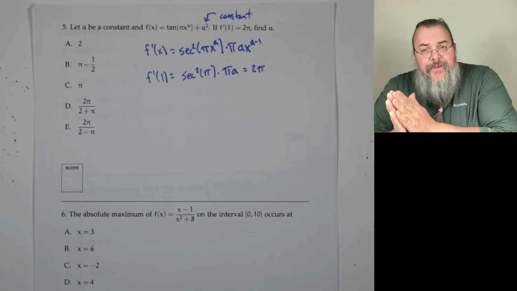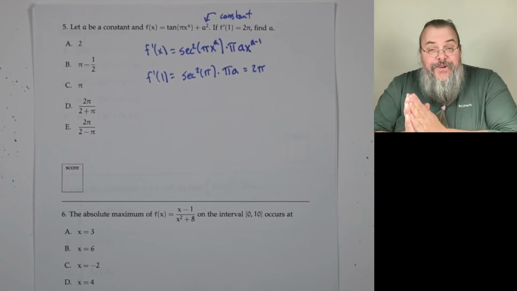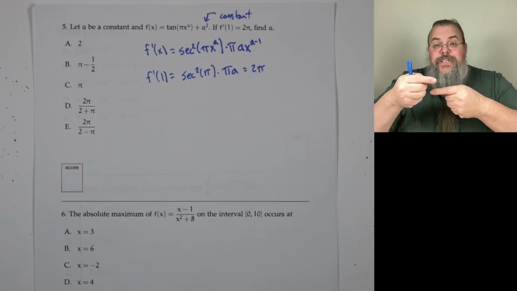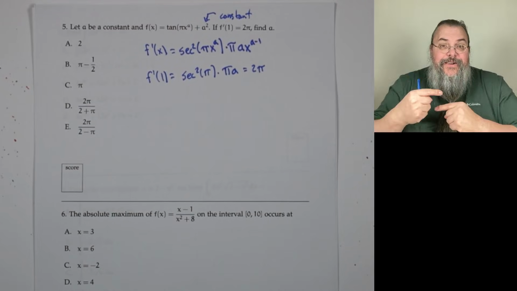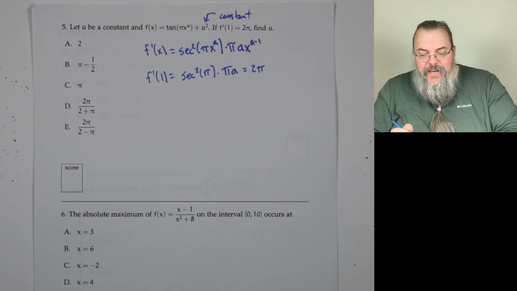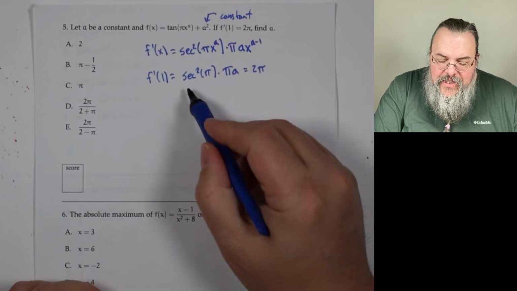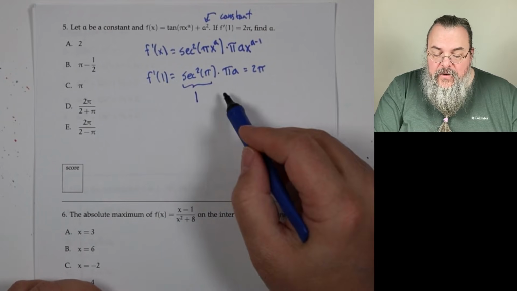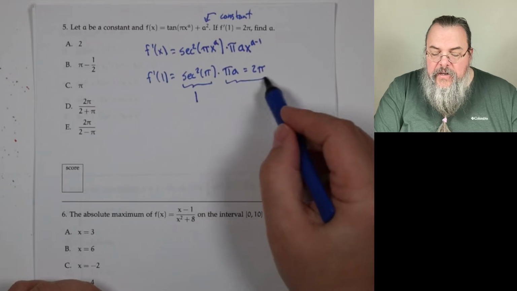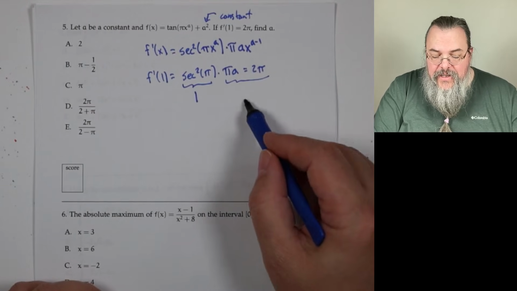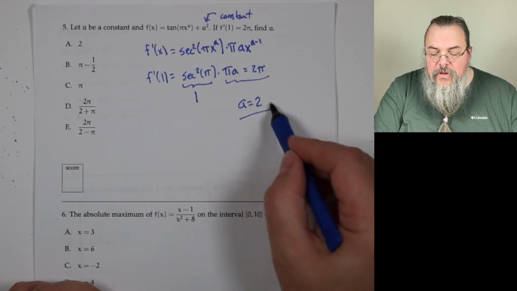To answer that, start with cosine. Cosine of pi is minus 1. So secant of pi, you flip that upside down, and you get minus 1. Now you square that, and the answer is secant squared of pi is 1. So we really have pi times a equals 2 pi. Pi's cancel, a should equal 2.